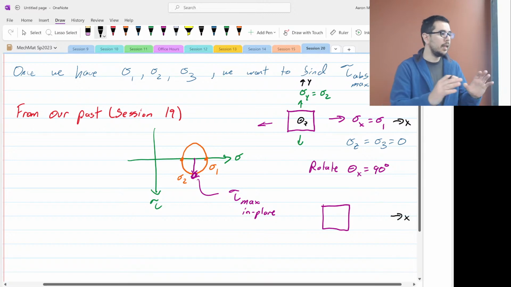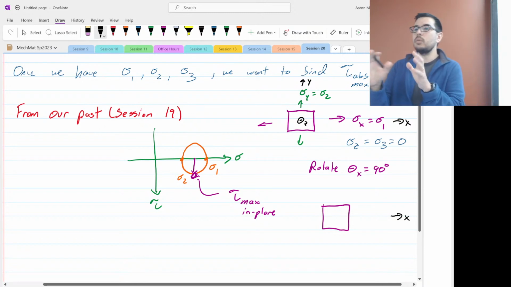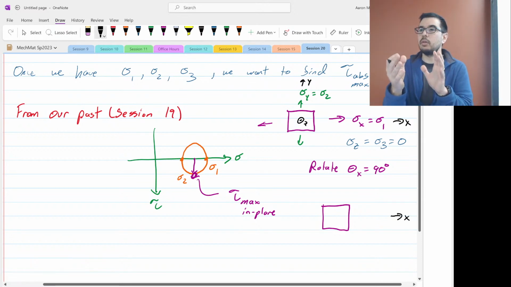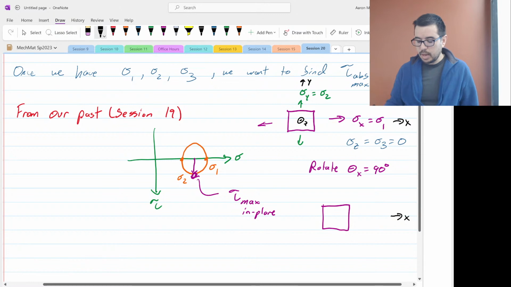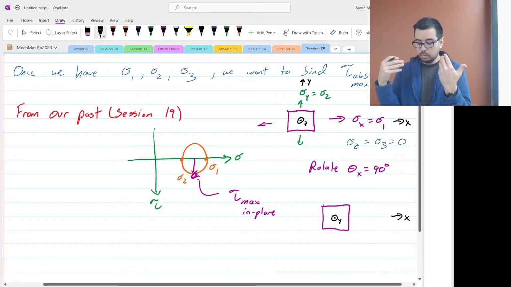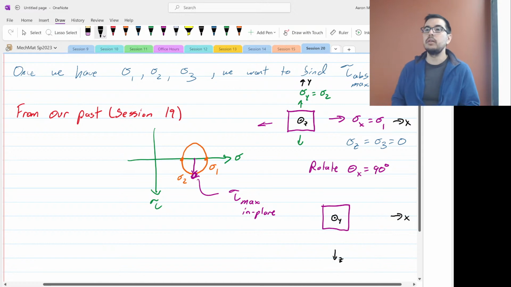We're not even doing the transformations right now, we're just looking at a different perspective. So x is still that direction. If I rotate positive 90 degrees, now y is coming out of the board at me, because I rotated the element. And then z is going downward, so z is now down here.